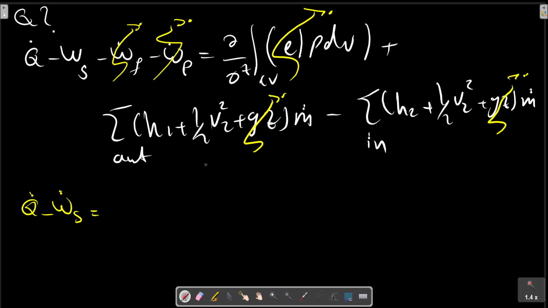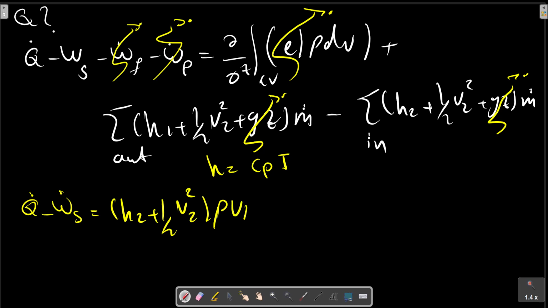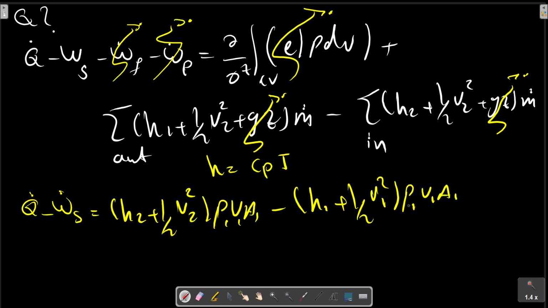And for an ideal gas we have H equals m dot Cp T. So we can write H at point 2, H2, multiplied by m dot, which is rho V A, minus H1 equals rho 1 V1 A1.